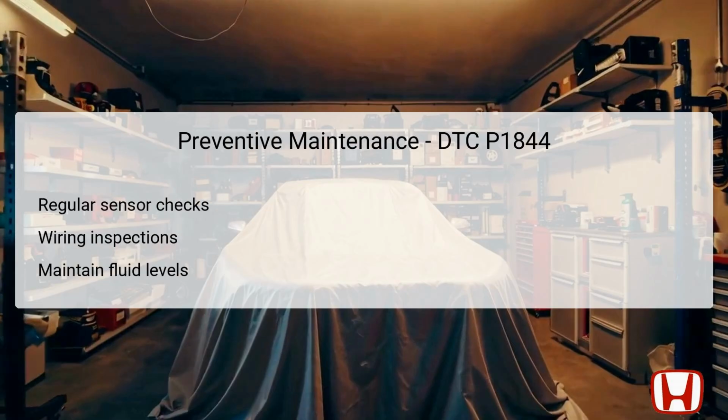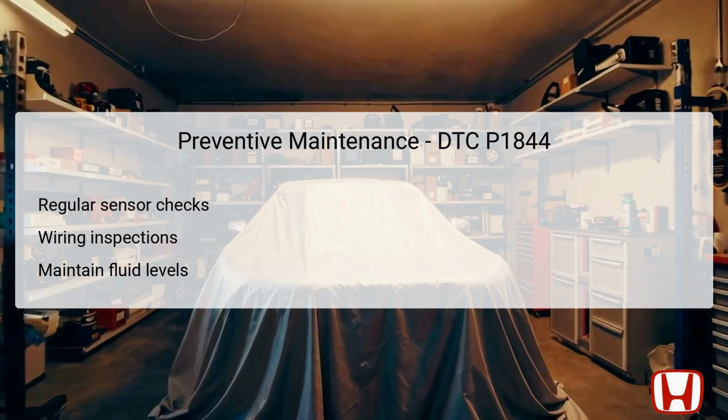Preventive maintenance is critical for avoiding issues related to DTC P1844 in the future. Regular checks of the CVT drive pulley speed sensor can help identify early signs of wear or malfunction, allowing for timely intervention. Inspecting wiring connections routinely ensures that any fraying or corrosion can be addressed before it impacts performance.